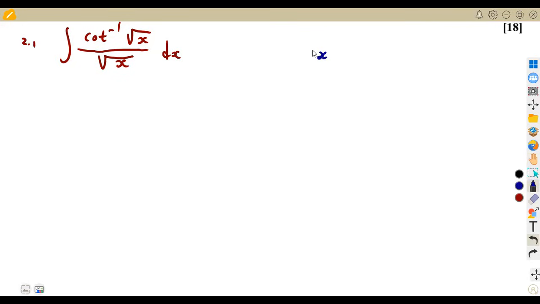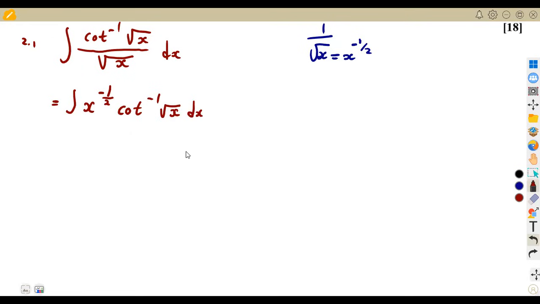The square root of x is the same as x to the exponent of a half, but since it is in the denominator, it becomes a negative exponent. So here we are simply given the product of x to the exponent of minus a half and arc cot of the square root of x.